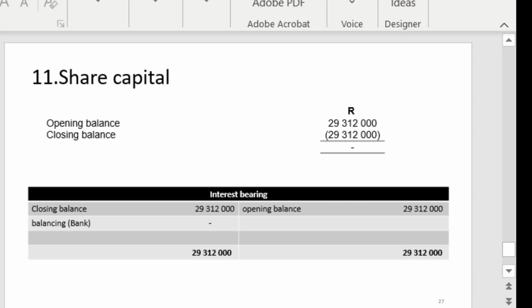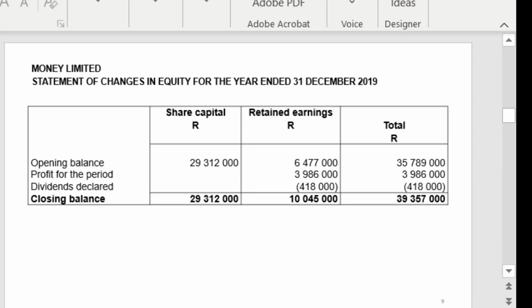If we go to the statement of changes in equity that was provided to us and we analyze it, you will realize that we have a share capital opening balance of 29,312,000, closing 29,312,000. So there were no additional share capital. In other words, our share capital didn't change, it remained the same, hence it was not disclosed.